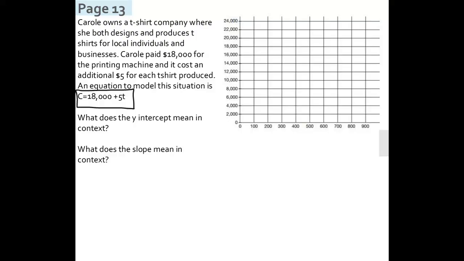The y-intercept. Yes. The cost of what? So the y-intercept, where am I going to find the y-intercept? On the y-axis. And what happens at the y-intercept specifically?